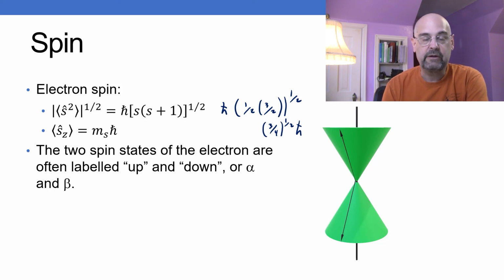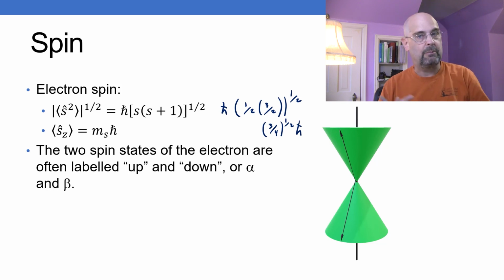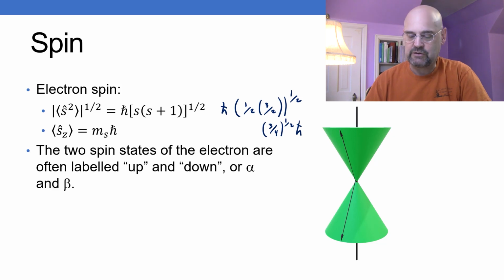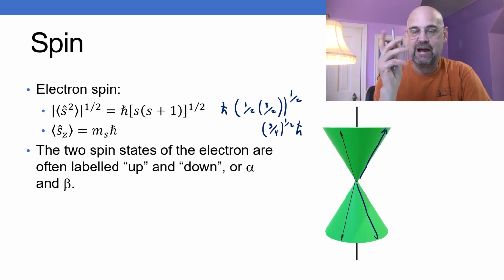The z component is going to be m s h bar, which is going to be either, we call it up or down, plus or minus 1/2. And again, I'm showing this here. So it's going to be somewhere in this cone, or somewhere in this cone right here, because it has to have this fixed orientation to the z axis.